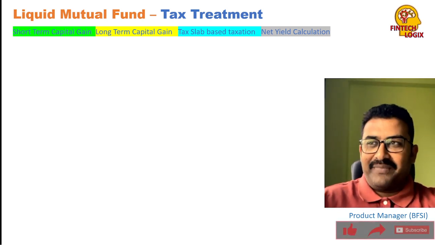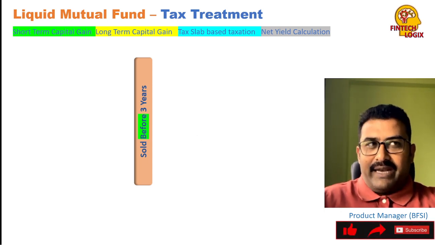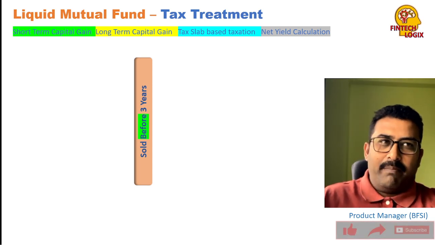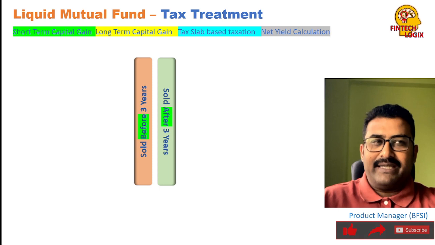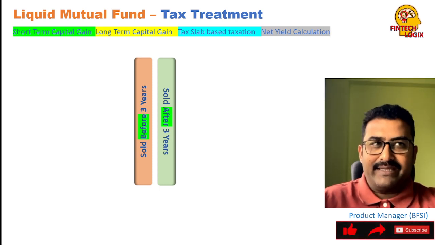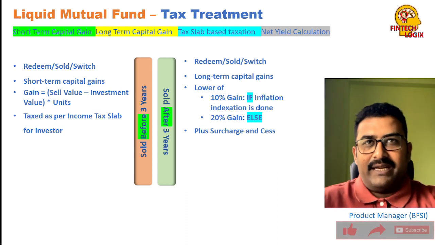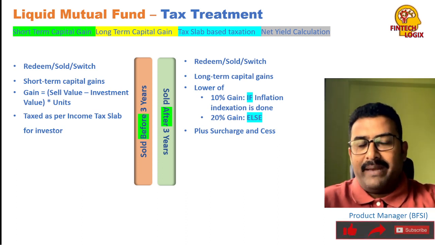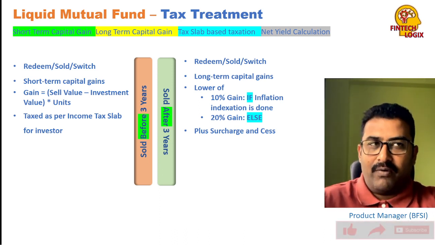So let's begin. If we look at the tax implications, we divide our gains based on whether the fund is sold before 3 years or after 3 years. When I say sold, I mean redeemed, which can be partial or full.